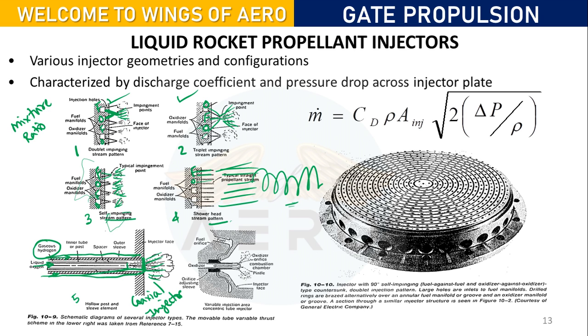That's why the term gaseous hydrogen is used. The preheated gaseous hydrogen, which is the fuel, comes from the outer channel, and the liquid oxygen from the inner one. There is some space they call the recess. In that recess they get mixed together, and together they spray out from the injector nozzle. That gives a better and more efficient way of combustion, and that is the coaxial injector.